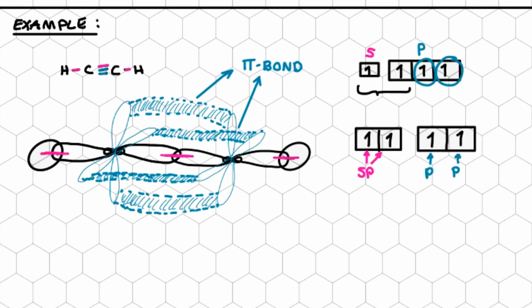Now, like the second example, if you have one double bond and two single bonds, the double bond only has one sigma bond. So basically we have two from the single bonds and one from the double bond, sp2. And if you have a triple bond and a single bond, you're going to have sp, because you're going to deduct two p's from the sp3, because those two p's remain intact and they're not hybridized. So it's just going to be sp.